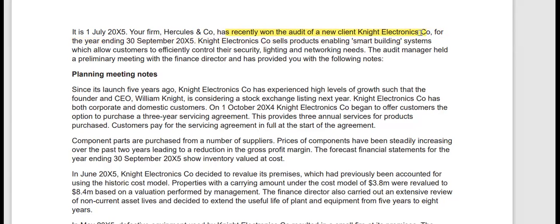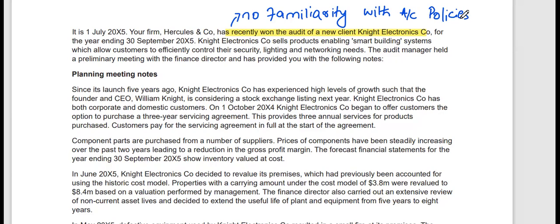If I stop here and explain the audit risk for winning the audit of a new client, as you know, for a new client the audit team is not so familiar with accounting policies. So there is no familiarity with accounting policies, balances, and transactions.